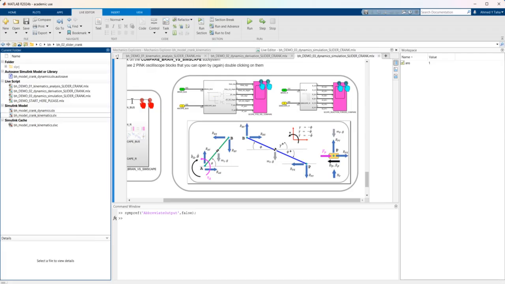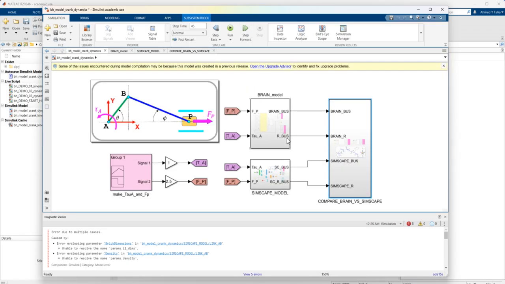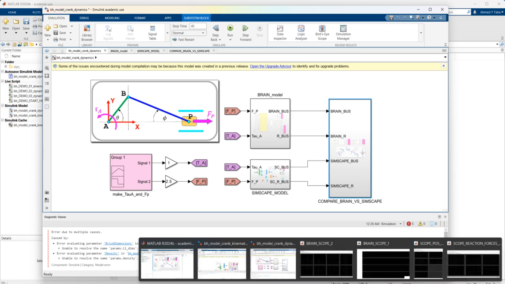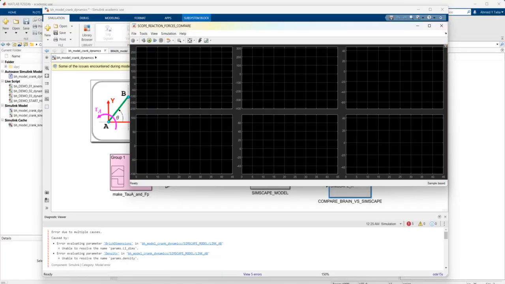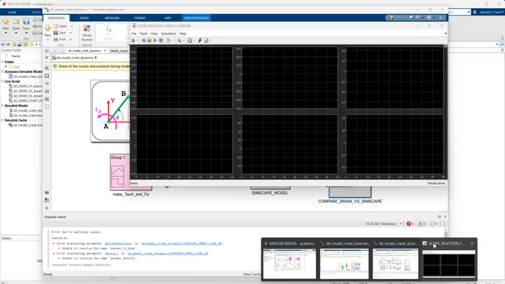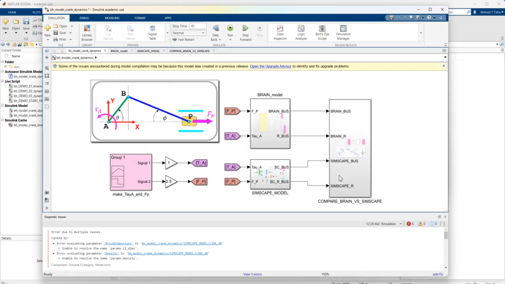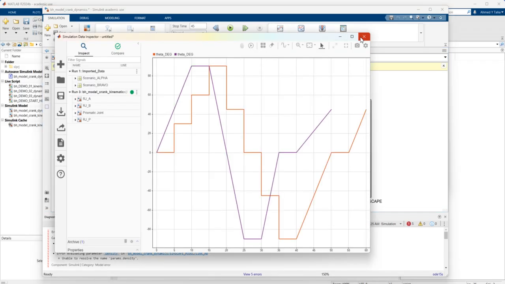I shall go to the model and run it. But nothing happened. Data inspector. Got that. Alpha, Bravo.